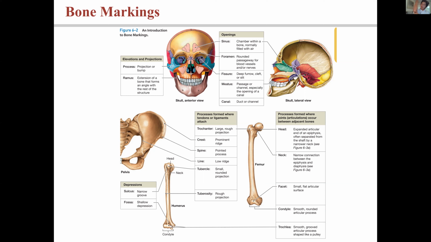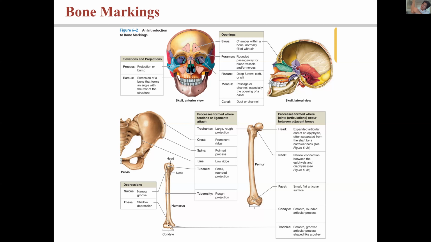Whenever I'm contracting in this direction, it's easier to pull. If you imagine the muscle present here, contracting and pulling this bone, it gets more leverage if the insertion is here, as opposed to if the muscle, the tendon, went all the way up here and started pulling from here.